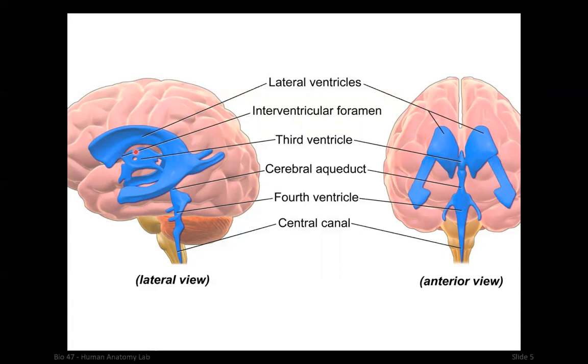And cerebrospinal fluid drains from there down through the cerebral aqueduct. Remember, that's in the mesencephalon, and into the 4th ventricle, within the metencephalon and into the central canal, that hollow space in the center of the myelencephalon, and down into the spinal cord. So the brain is protected and supported by that cerebrospinal fluid.